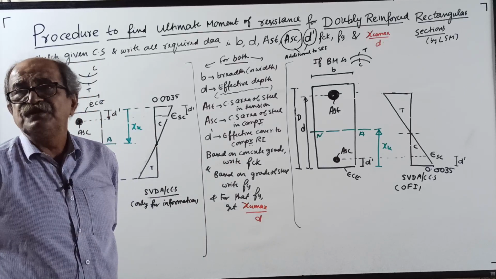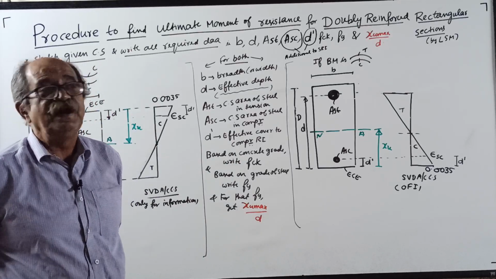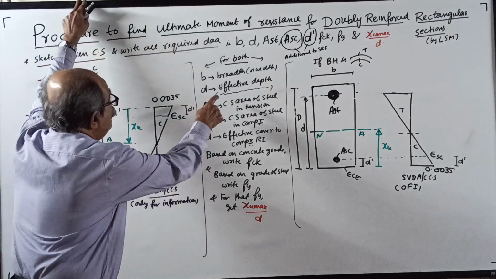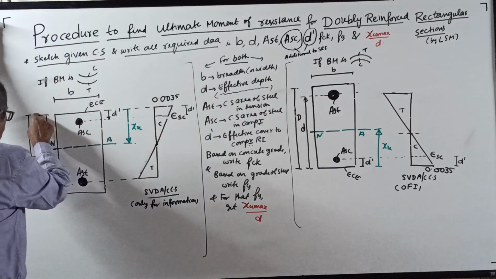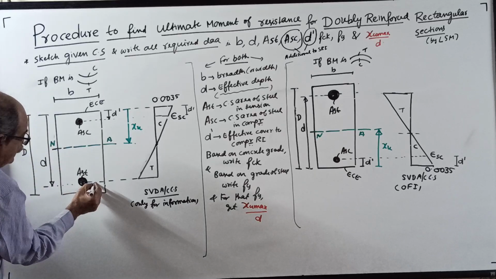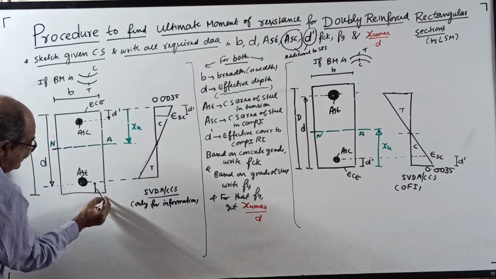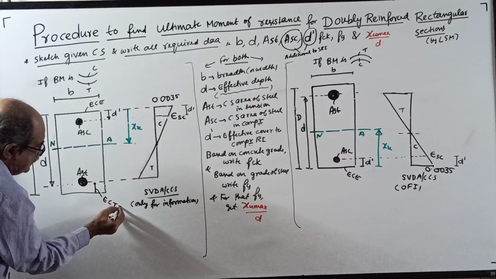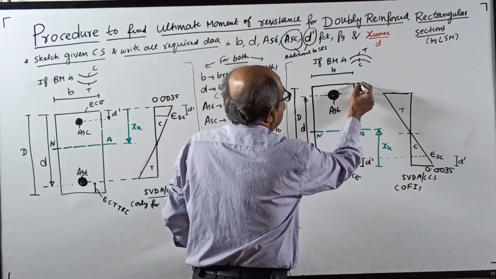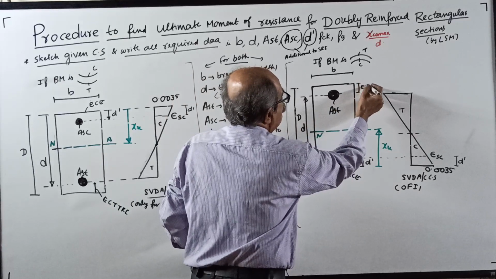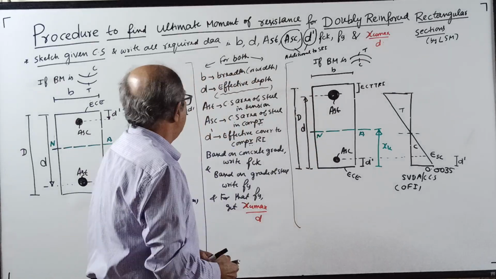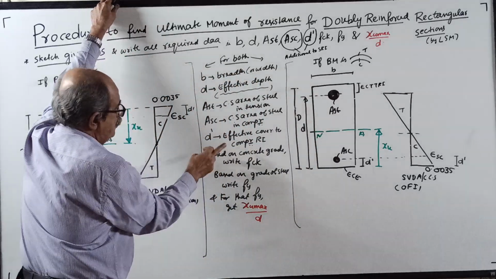Effective depth is the distance of the centroid of tension reinforcement from the extreme compression edge, or equal to overall depth D minus effective cover to tension reinforcement. Here also, effective cover to tension reinforcement. If you want, you can write. Okay, then D dash I already told.